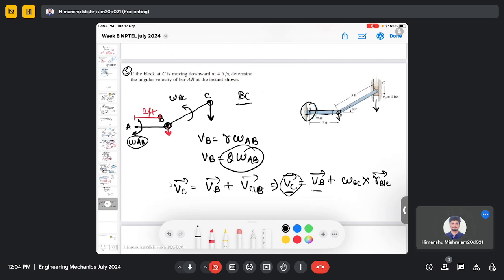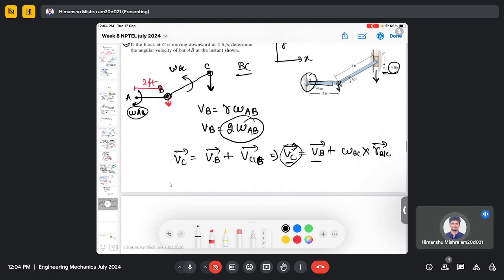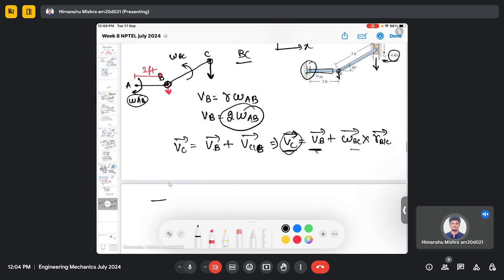This is again a two-dimensional problem, which you can define in x and y axes. Vc is going downward, which means this 4 feet per second is in the negative y direction. In the end, we need to write these quantities in vector notation, right? So my Vc is minus 4 j cap, because it's going in the negative y direction.